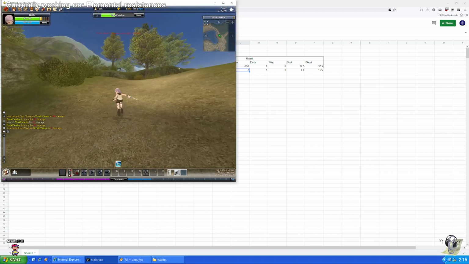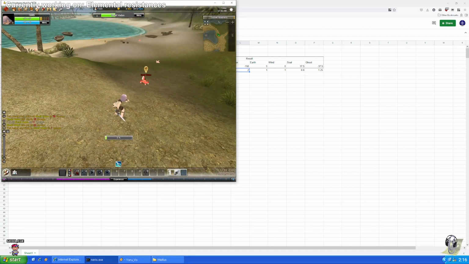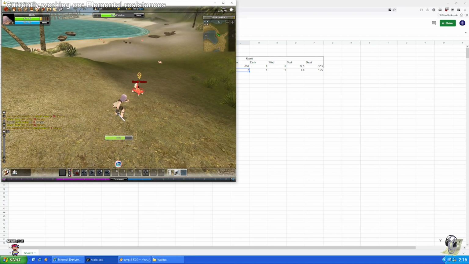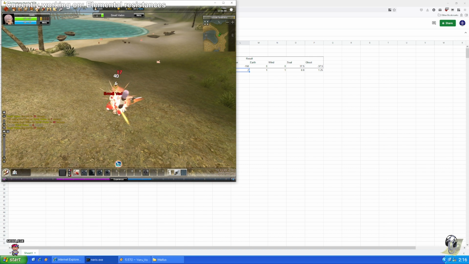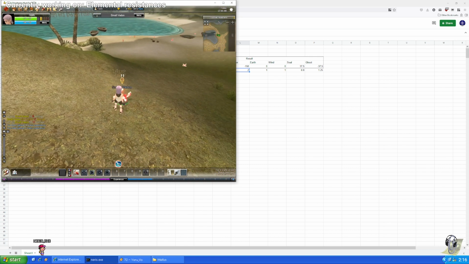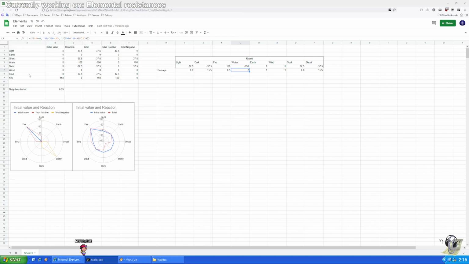Don't have mana. So, for him, actually, I wanted water 150.